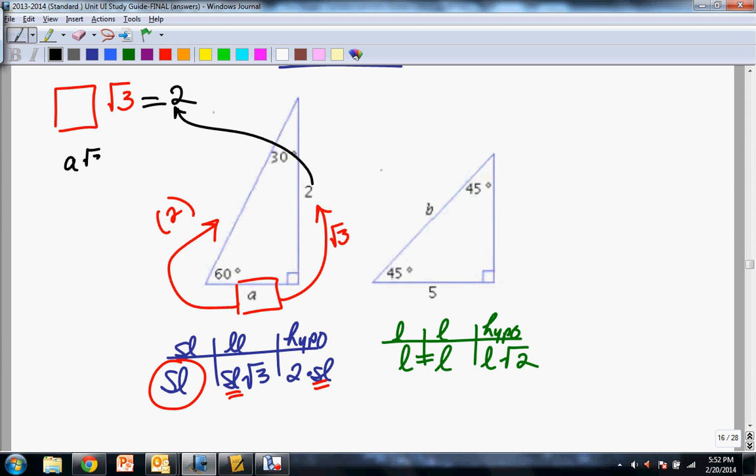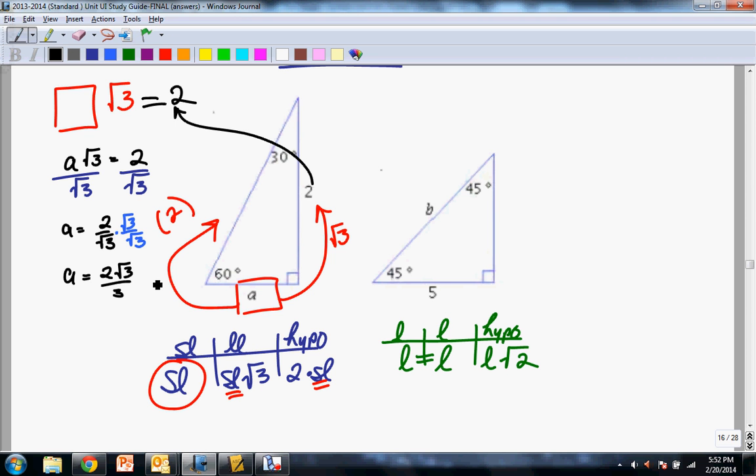So here we have A times root 3 equals 2. To solve it algebraically, you're going to divide by root 3. Get A equals 2 over root 3, except you can't have radicals down below, so multiply top and bottom by root 3. So A equals 2 root 3 over 3, and you're done.